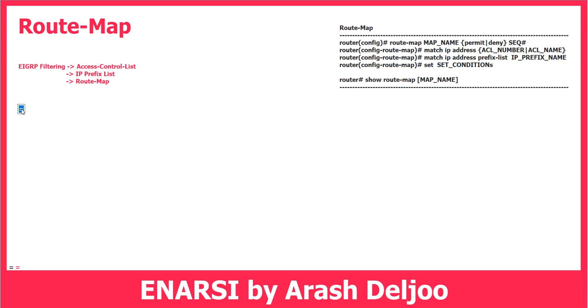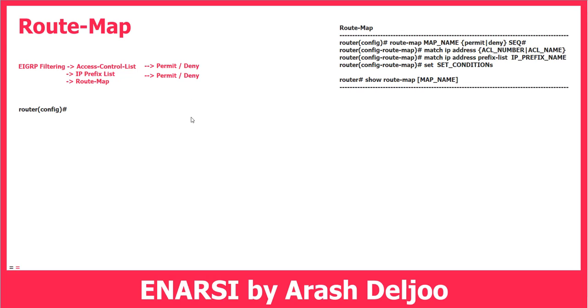Look at here. In the roadmap, we can use it for filtering, but the roadmap is actually not only for filtering. First, with the IP prefix list or the access control list, we only have two actions, permit and deny.